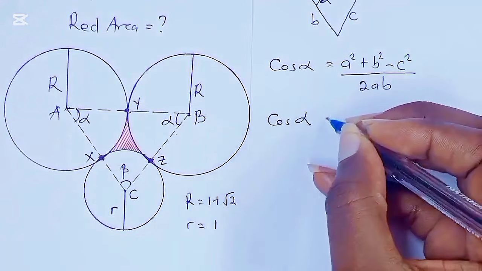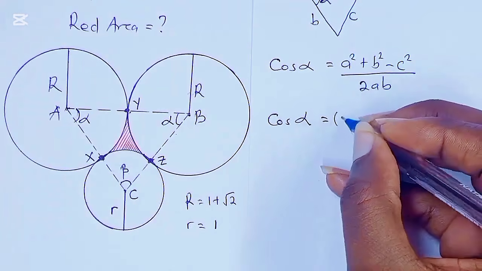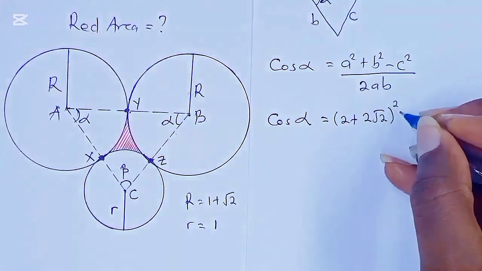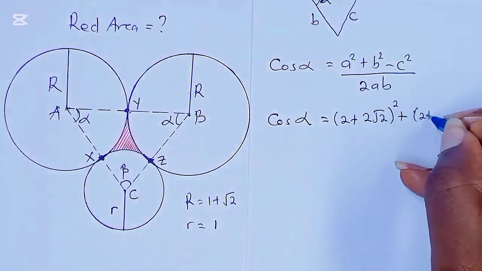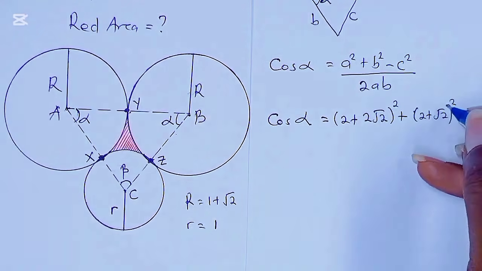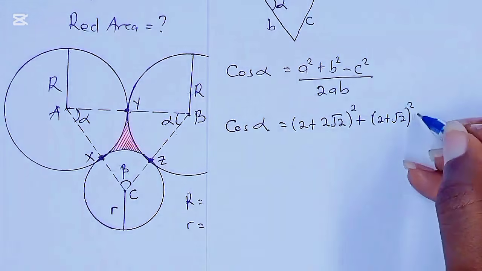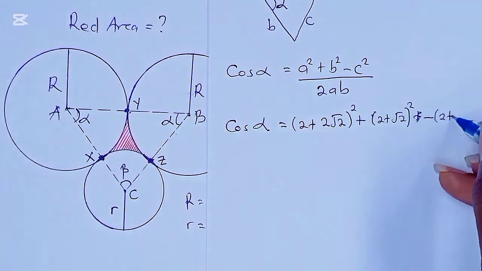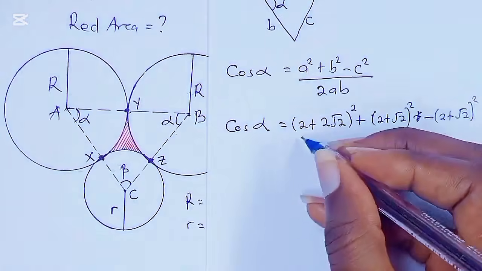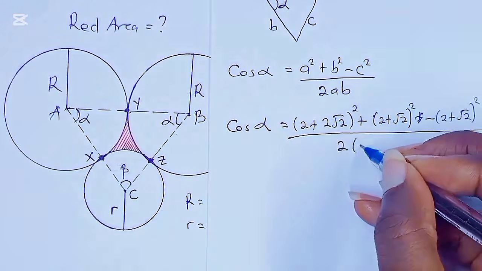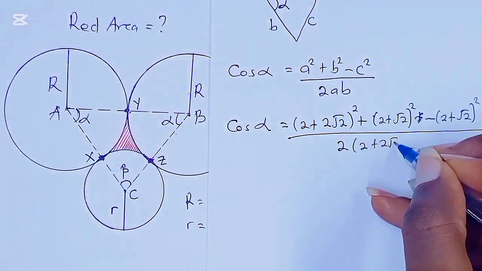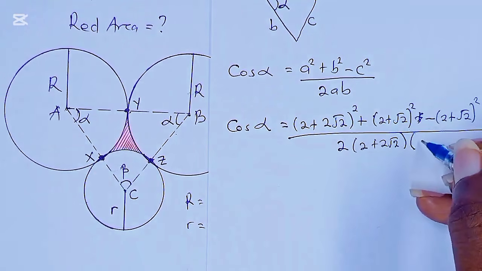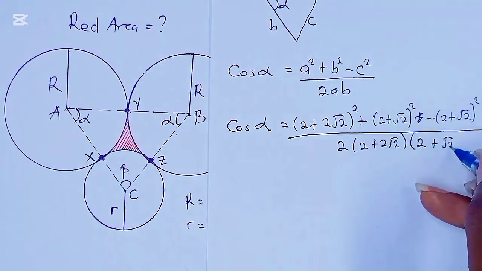So from our triangle, we can establish that cos alpha is equal to 2 plus 2 root 2 squared plus 2 plus root 2 squared, minus 2 plus root 2 squared, divided by 2 times 2 plus 2 root 2, into 2 plus root 2.